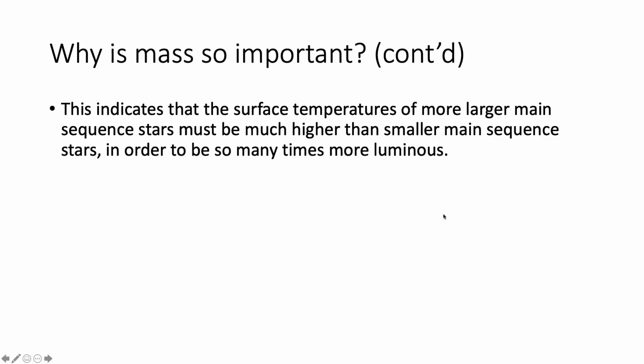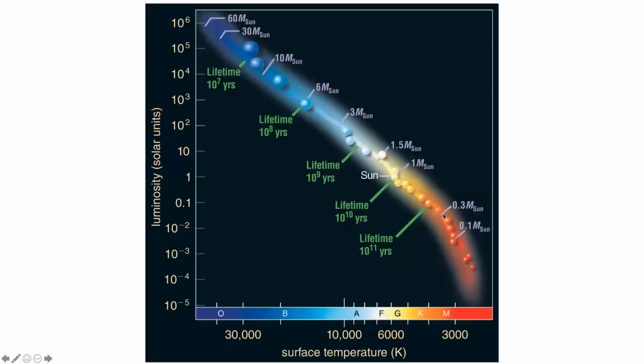If I go ahead to the next slide, I'll just pull up the HR diagram again. The most massive stars are blue. They have so much mass that their energy output has to be significantly higher than that of our sun. While the stars at the top here might only be 60 times more massive, their luminosity is way, way larger.